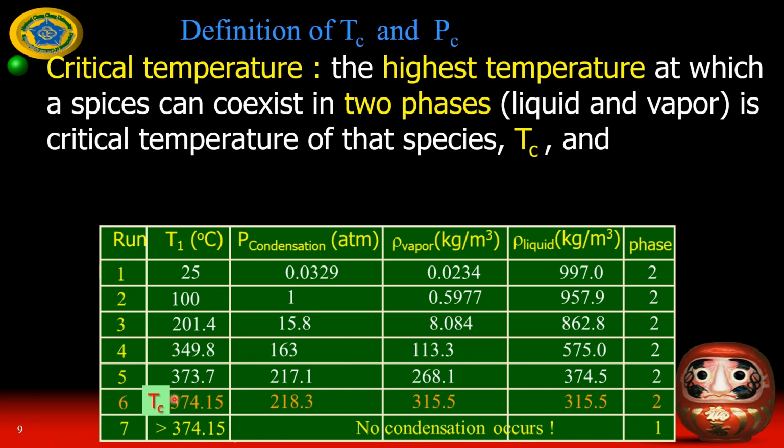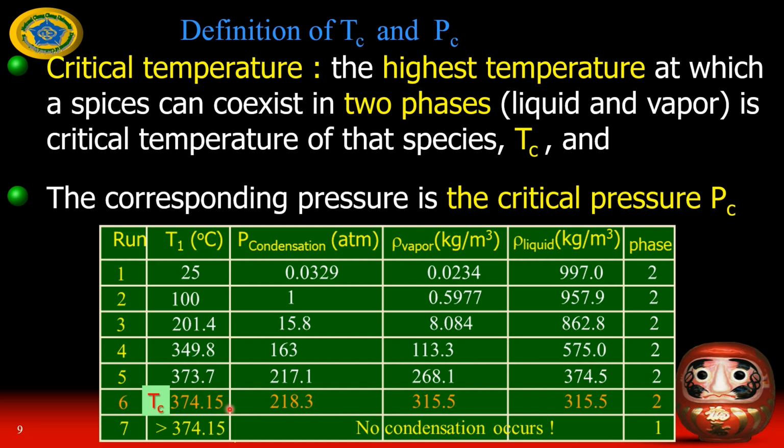For water, Tc is 374.15 Celsius. How about the pressure? The corresponding pressure is the critical pressure, which is 218.3 atm. So this is the highest temperature and highest pressure for the system to have two phases.